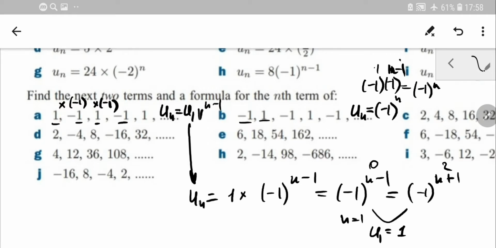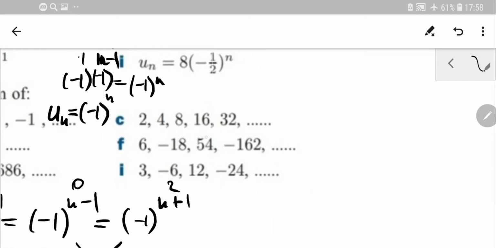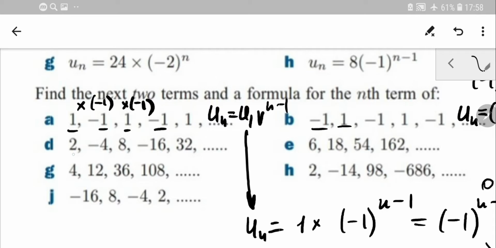Okay, sequence C, let's do it. 2, 4, 8, 16, 32. Every time we multiply by 2, so the formula for the nth term is 2 times 2 to the power n minus 1, or just 2 to the power of n. That's C. Okay, let's move on. D: 2, -4, and 8.